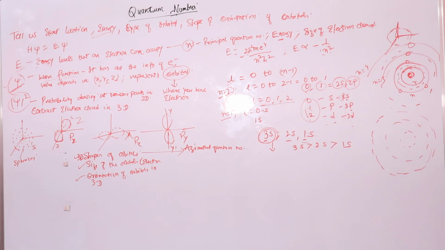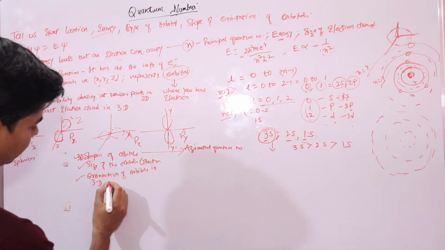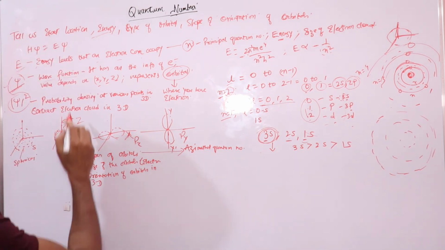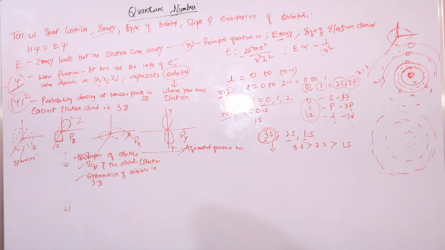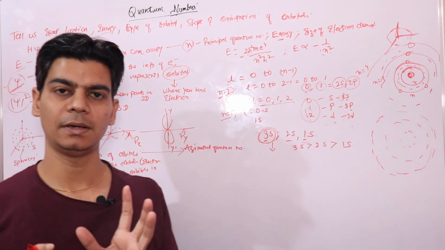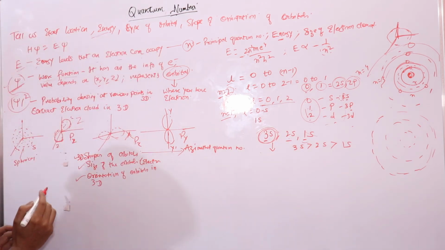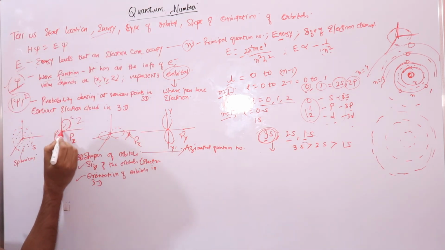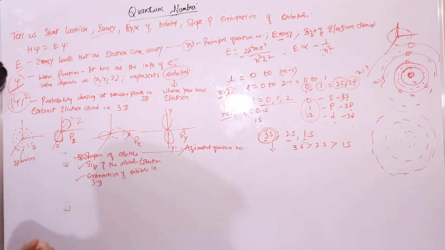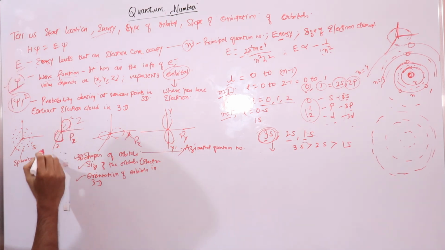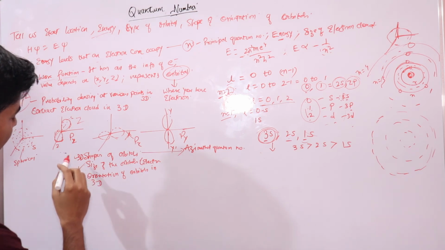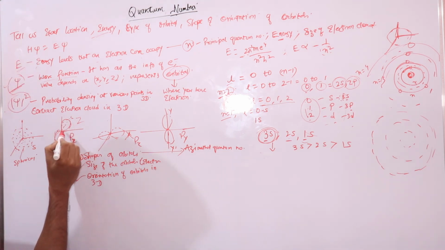Now the third thing is the orientation of orbitals, right? This is also provided by the value of psi, because using psi and psi square, we have found the probability of finding an electron in three dimensions.